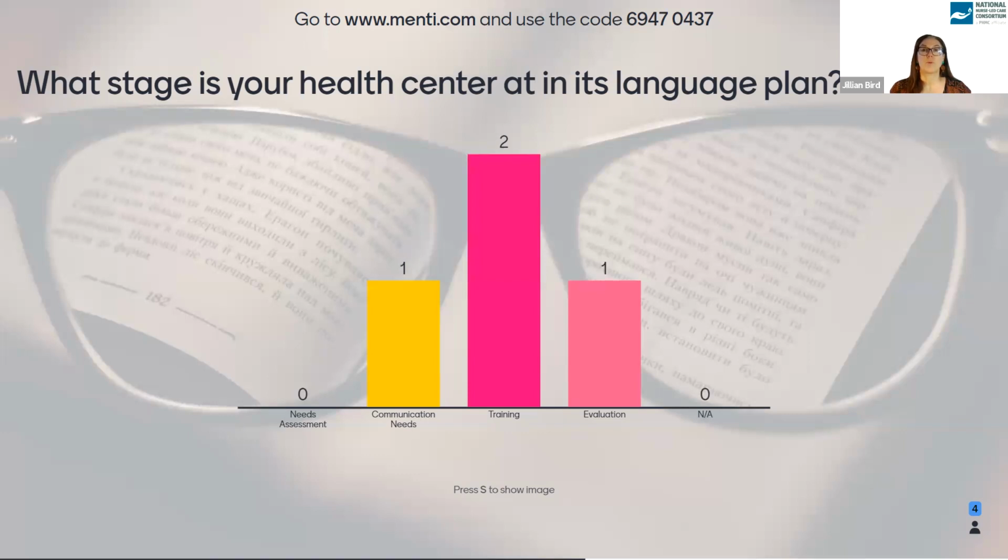And Barbara, where are you located? Los Angeles. And then Wendy's written part of orientation, which is great. Self-study modules when hired and annually. Great.